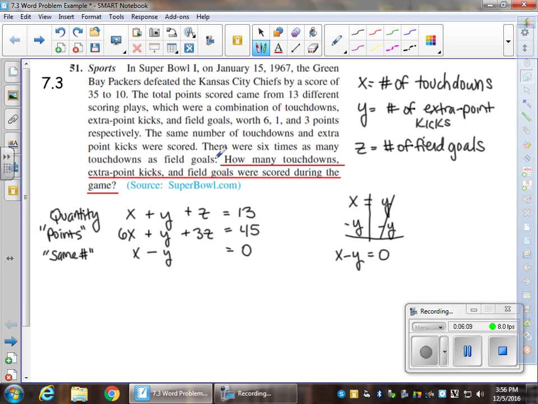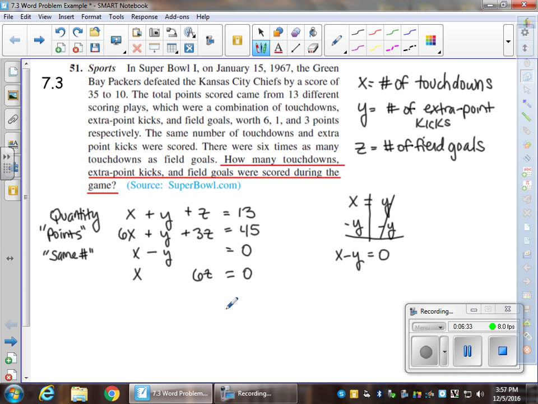So here's the strategy. If there are x touchdowns, there are 6 times as many field goals. That would equal 0.